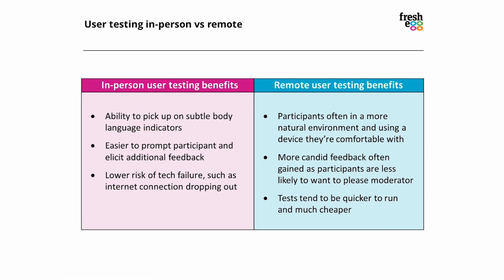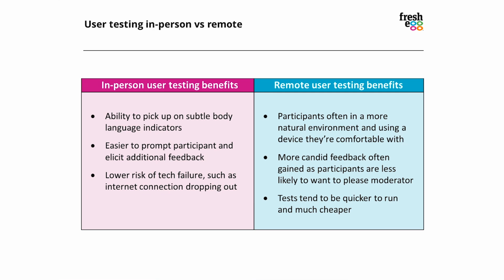So in-person user testing, you have the ability to pick up on very subtle body language. There's numerous studies that suggest that around 60-70% of all communication is non-verbal, and this stuff can be really interesting to understand where people are struggling with certain tasks on a website, or where they find something particularly interesting. It's easier to prompt a participant and elicit additional feedback, especially if you're doing unmoderated remote testing.